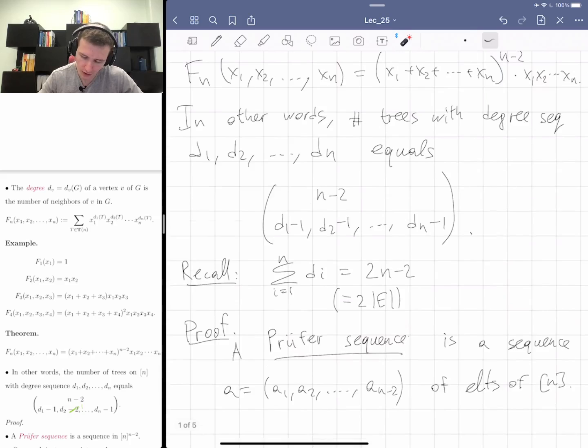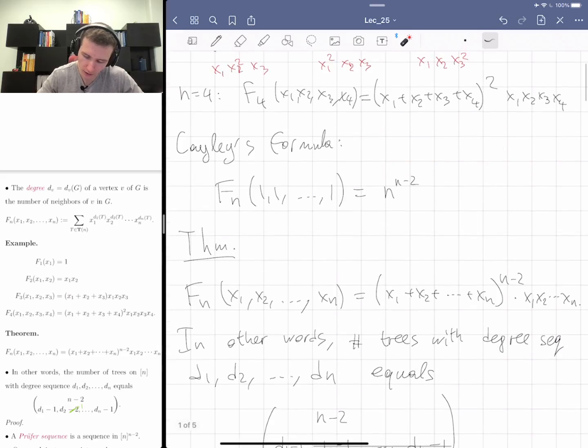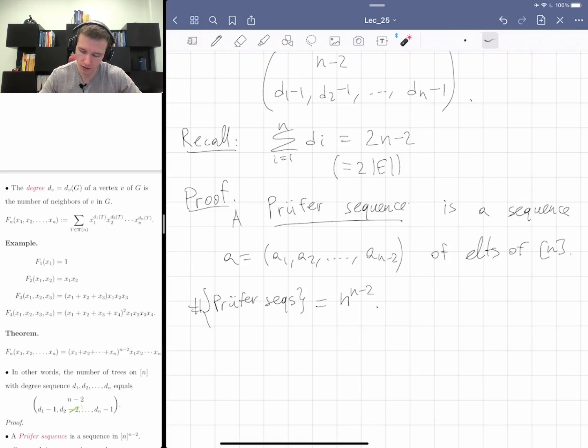And if you look at Cayley's formula, the thing on the right hand side is the number of all Prüfer sequences. So the number of all Prüfer sequences of fixed length is just n to the n minus 2. So we're going to try to come up with a bijection between such sequences and trees.